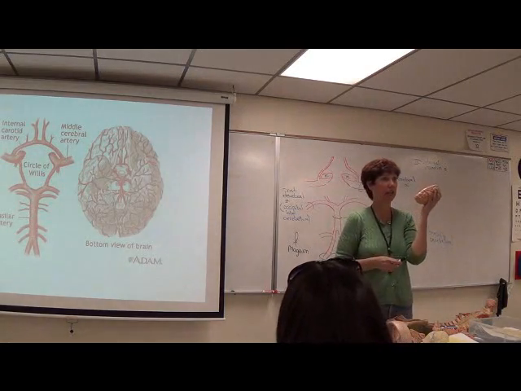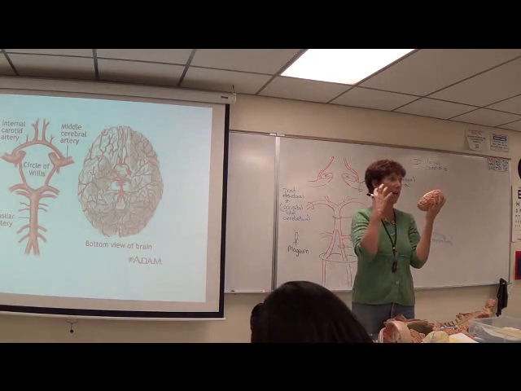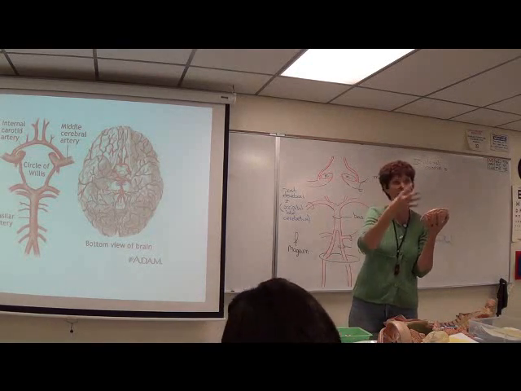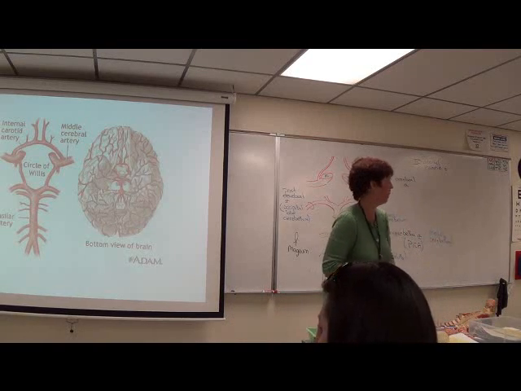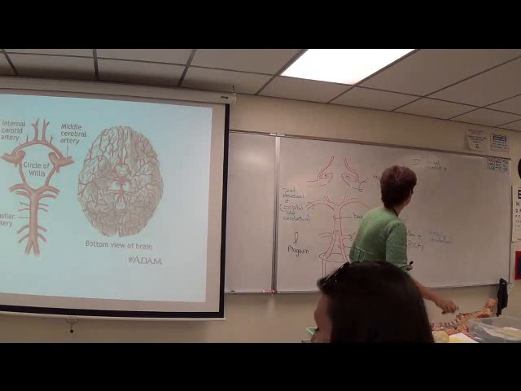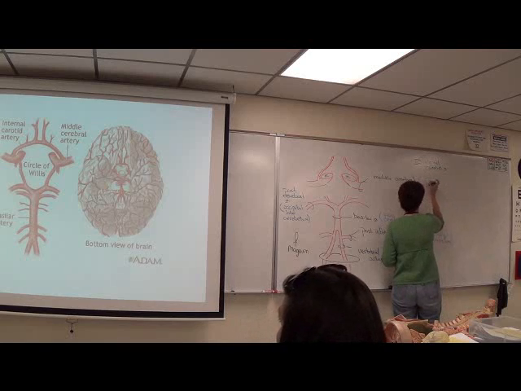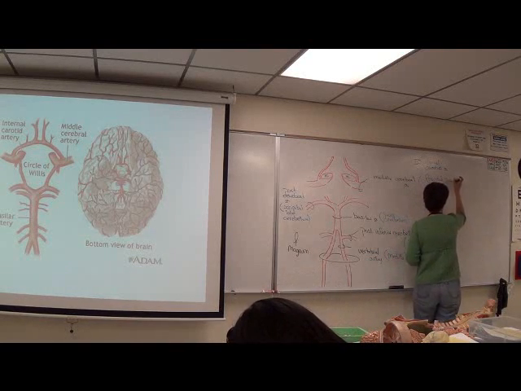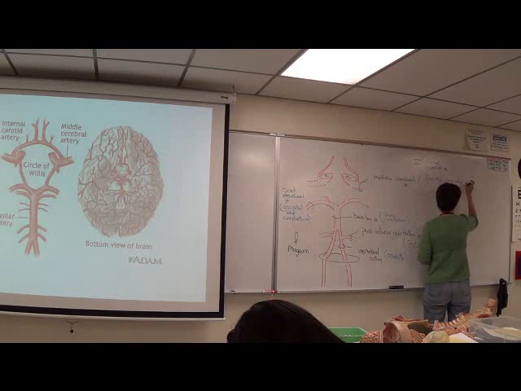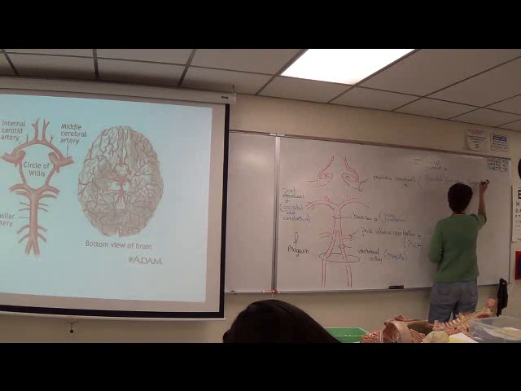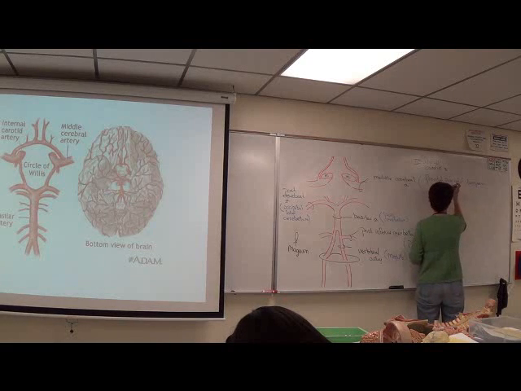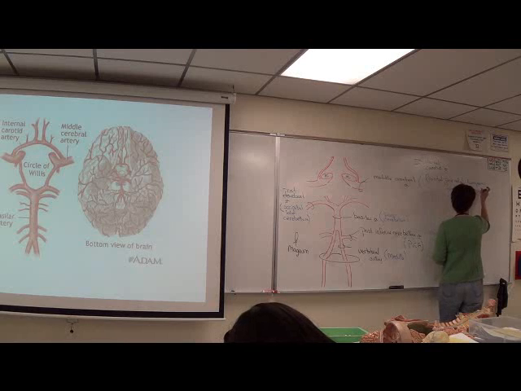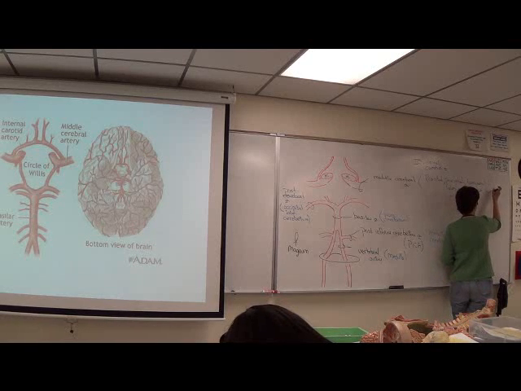So if this gets blocked, you end up with paralysis. You will have speech problems. Okay? You may have personality changes. It all depends on where exactly in the middle cerebral artery that particular blockage is located. So frontal lobe, parietal, and temporal lobes, as well as thalamus and hypothalamus.